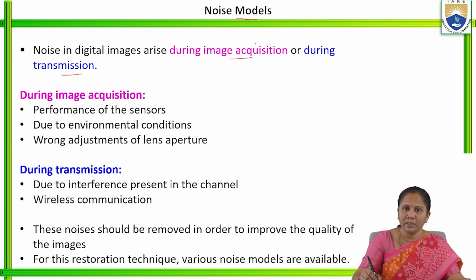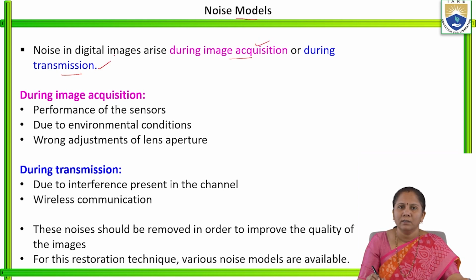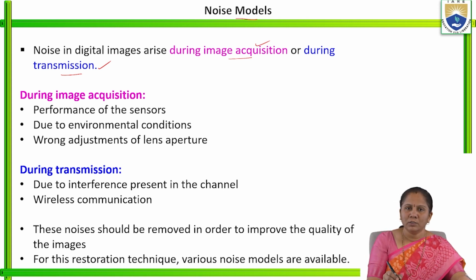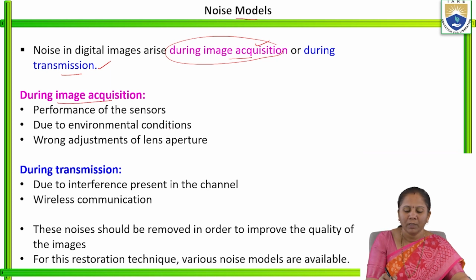These are different reasons why noise is added to the images. Now we will see the different reasons during image acquisition, and how noise is included during image acquisition.